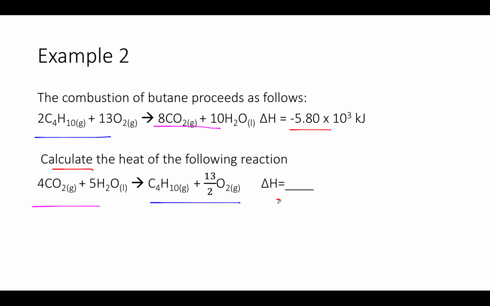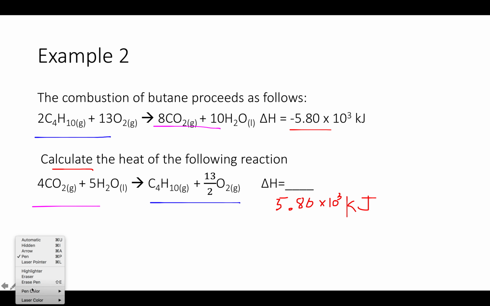We need to make this a positive 5.8 times 10 to the third kilojoules. Now, is that it? No. There's another thing that happened here. And the telltale sign of this is the 2 here. We divided the entire reaction by 2, or this reaction by 2, rather. So what do you get?